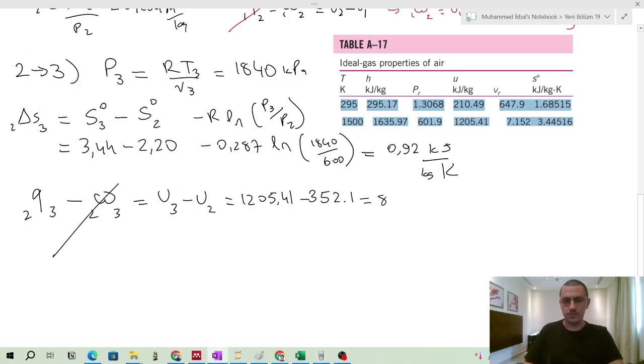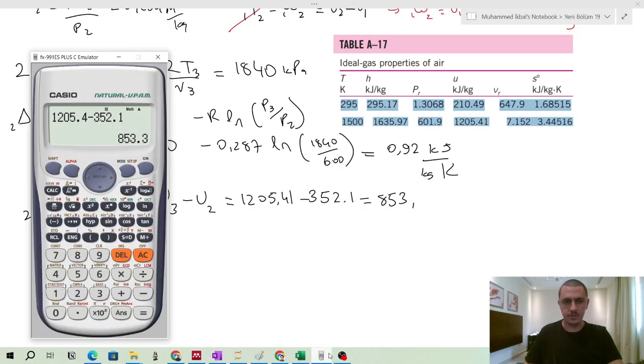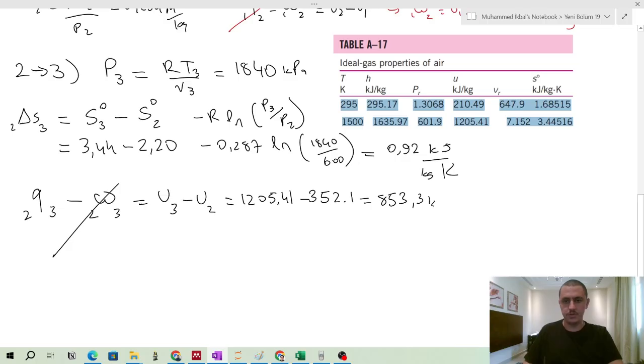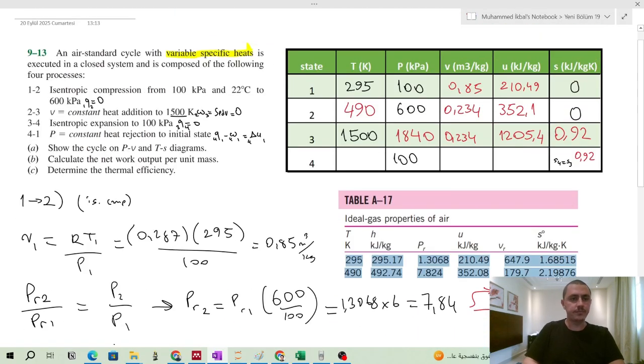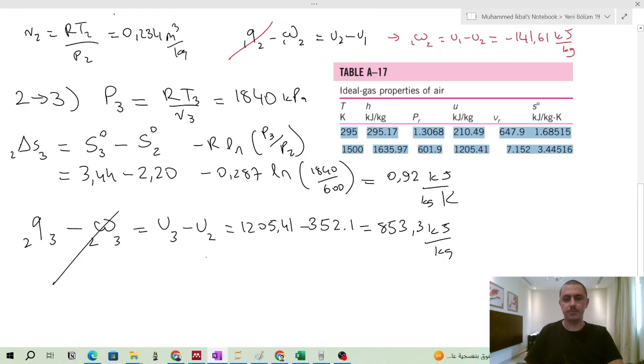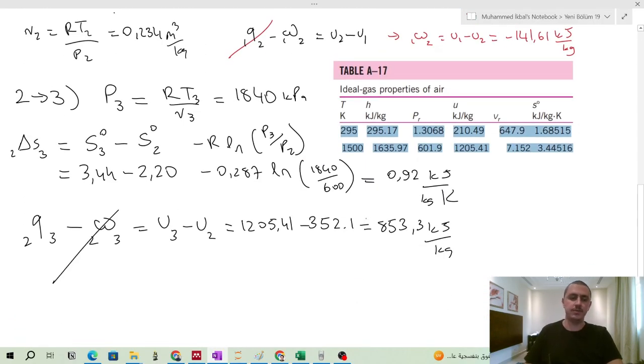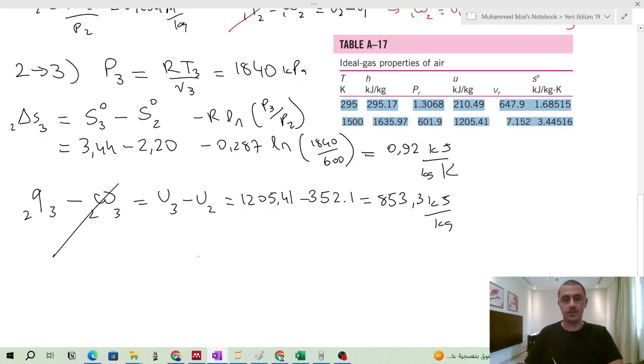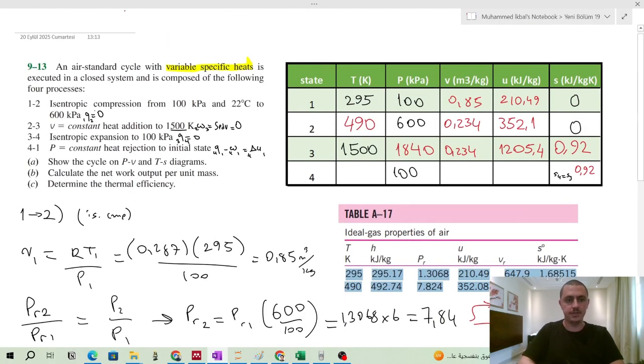That will be equal to 853.3 kilojoule per kilogram. This is the heat input. We have heat addition, so this is the heat input. It's positive. If that was negative, that means heat is being released, but this is heat addition.